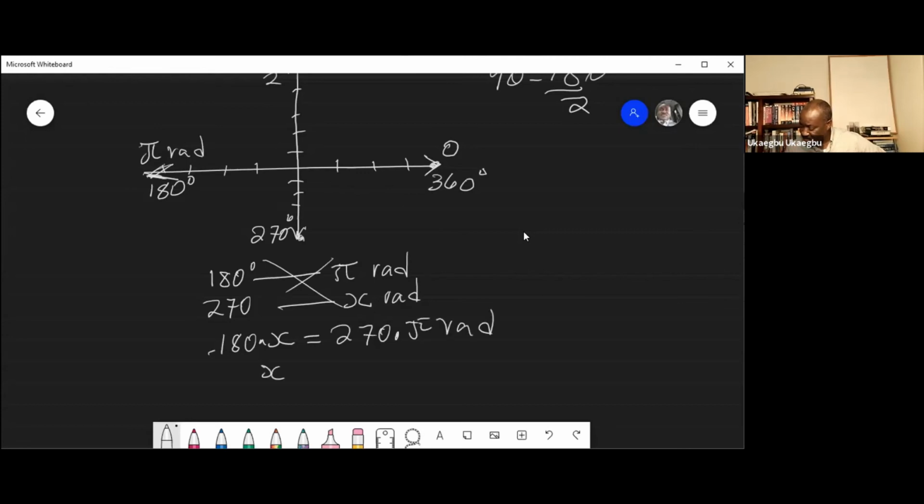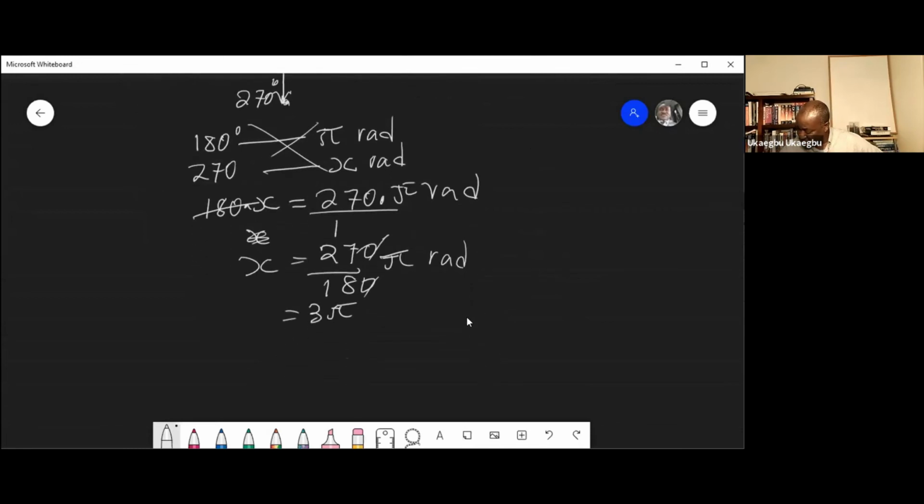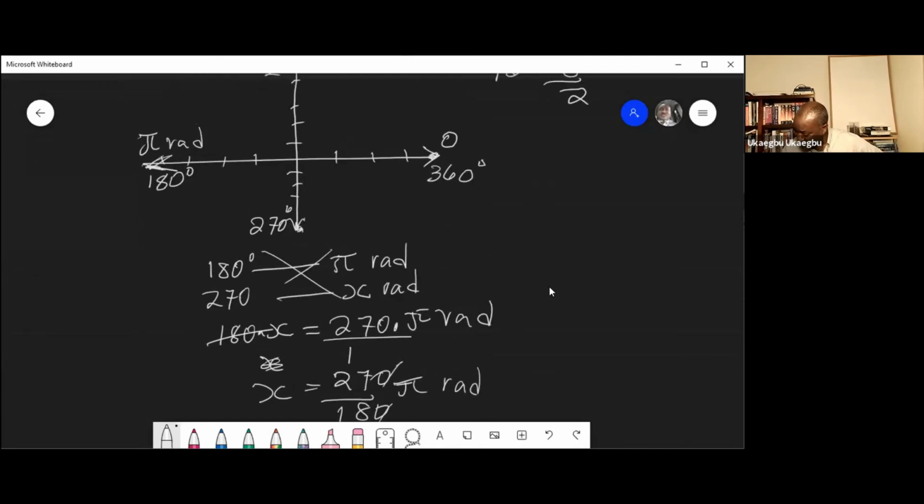So x will give you 270 divided by 180 pi radians. Then you divide by a certain number: 27 divided by 9 is 3, so you have 3 pi, and 18 divided by 9 is 2. So you have 3 pi over 2 radians. So here is 3 pi over 2 radians.